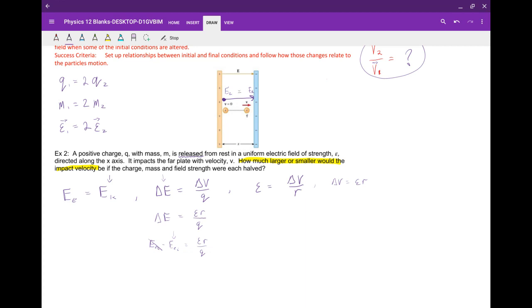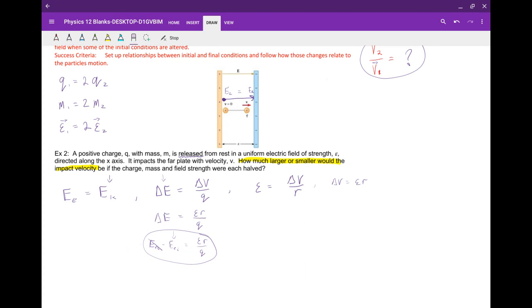As a result, you can just set those equal to each other, because all of the electrical energy turns into kinetic energy, okay? So my electrical energy formula is going to get substituted in right here.